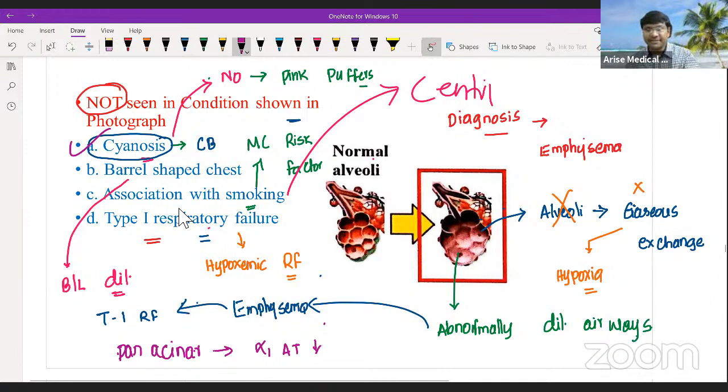Now, let me shortly revise the types of respiratory failure. We have another type of COPD, that is chronic bronchitis. In chronic bronchitis, what type of respiratory failure will you have?